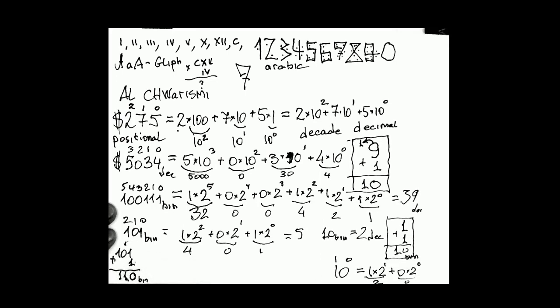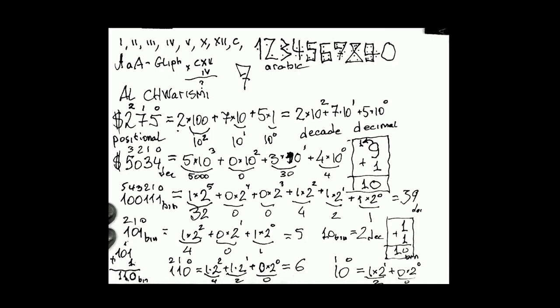How much is this? Positions 0, 1, 2. That will be 1 by 2 to the power of 2, plus 1 by 2 to the power of 1, plus 0 by 2 to the power of 0. This is 0, this is 2, and this is 4. 4 plus 2 will be 6.